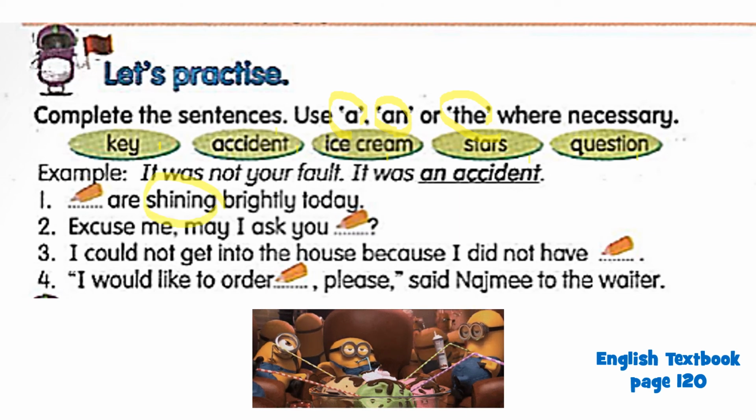So, among these nouns, which one shines? Yes, the answer is stars. So, should you put a, an, or the? Remember, a and an mean satu. Stars, we have S. So, what should be the answer? Please do the exercise in your E2 book.